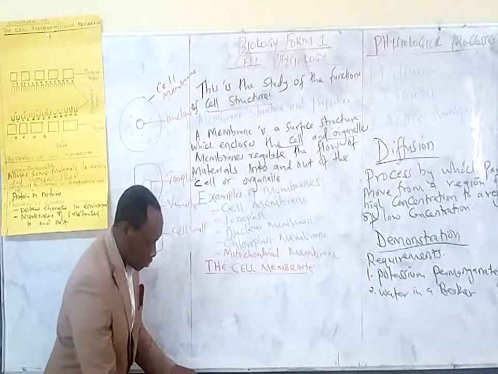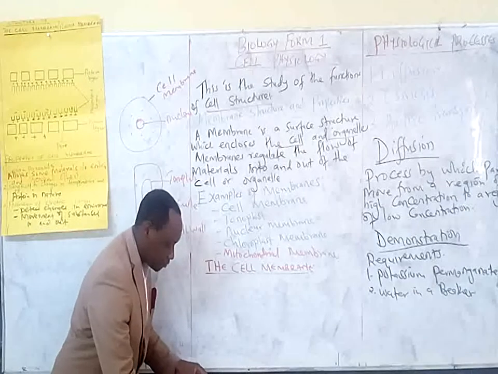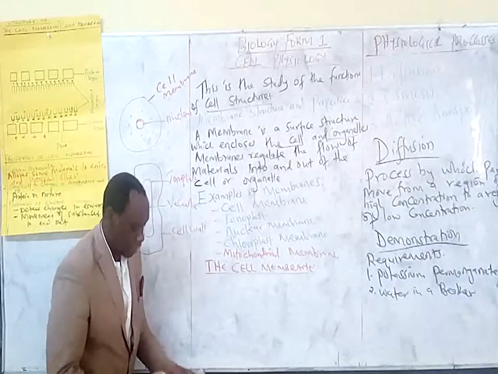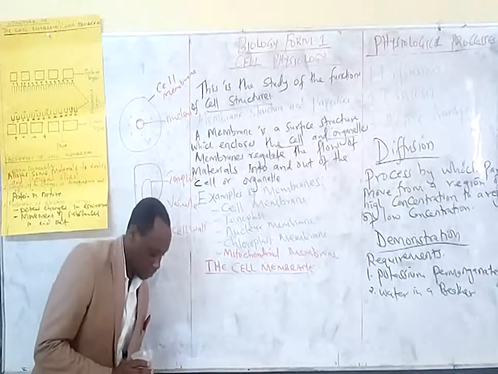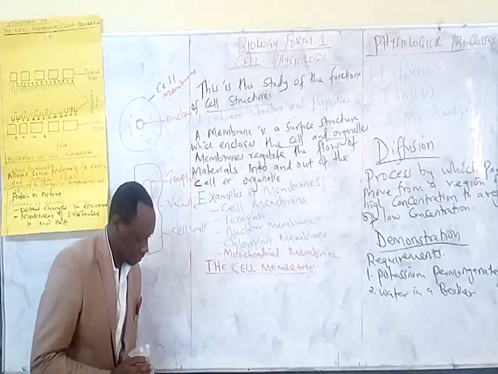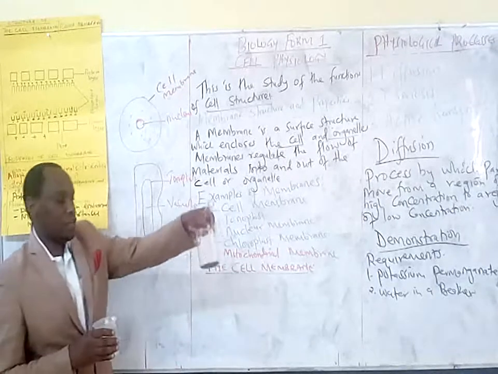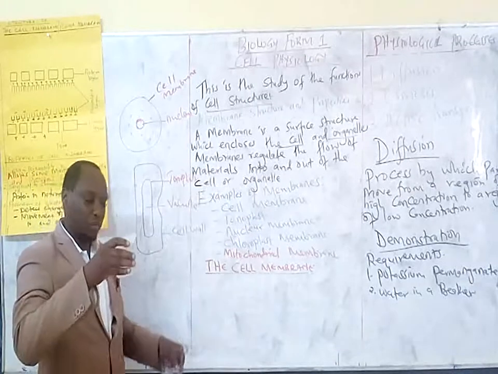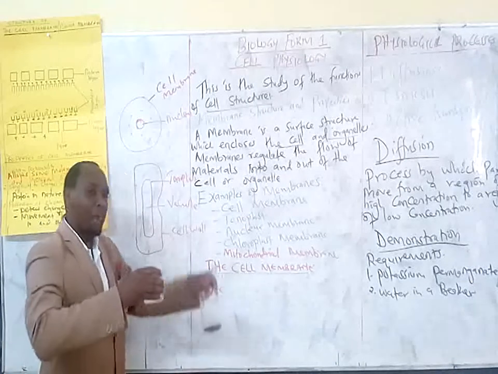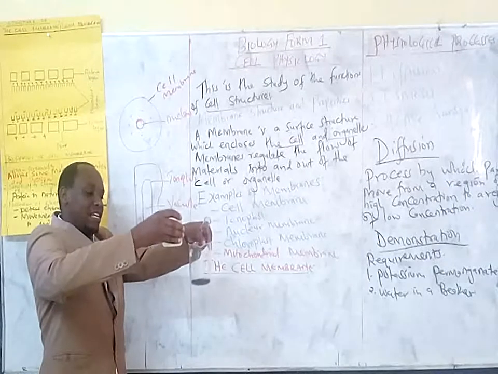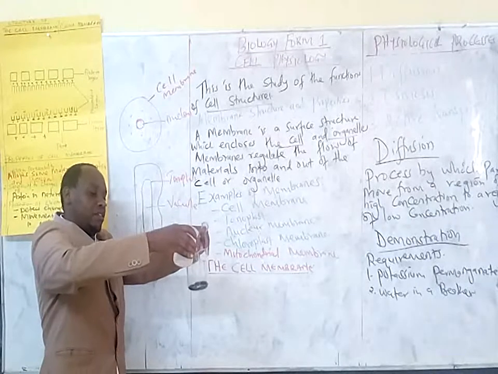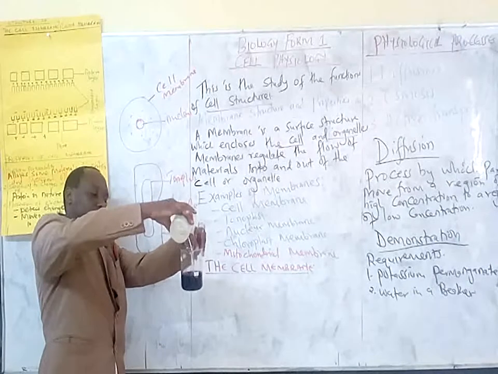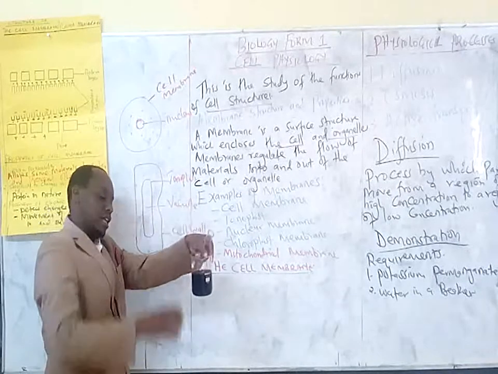So let me show you. I can decide to put them here in the beaker, and then I can decide to pour water. You can see I'm demonstrating diffusion. Here you are, the potassium permanganate, clean water, and then I will pour my water inside the potassium permanganate. Look at that.